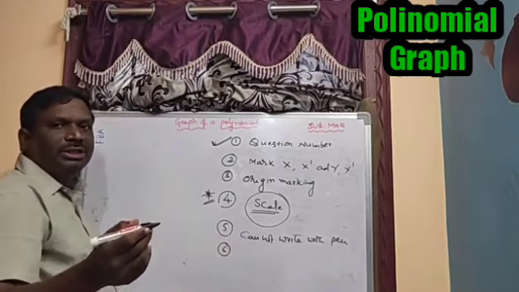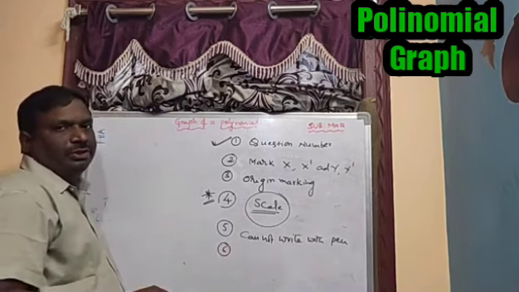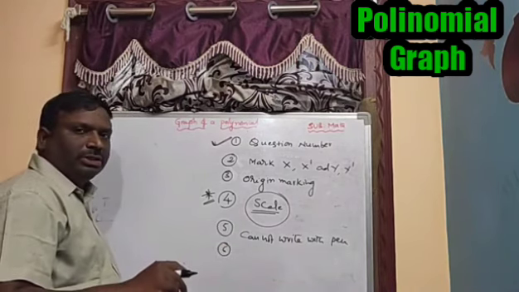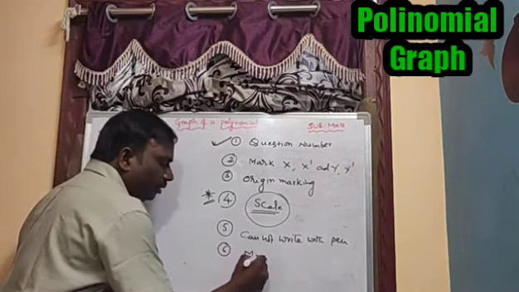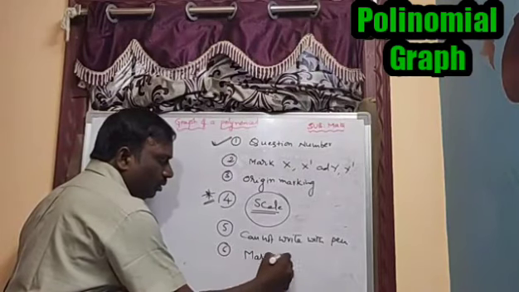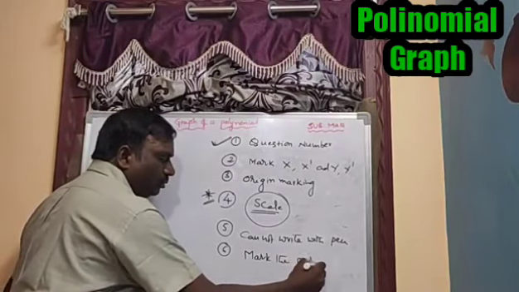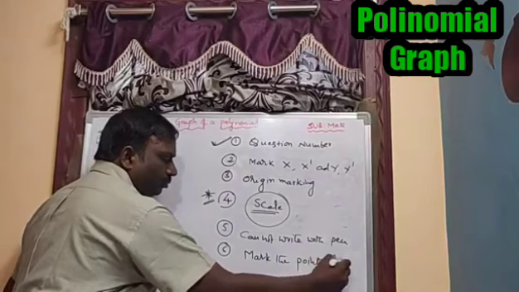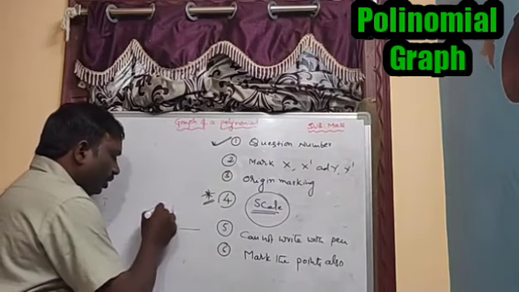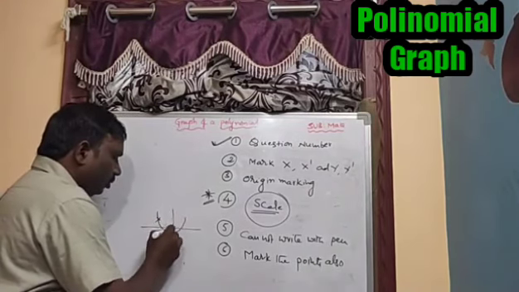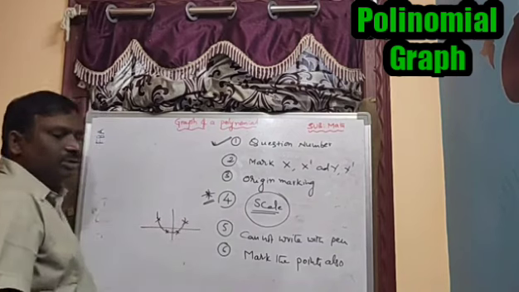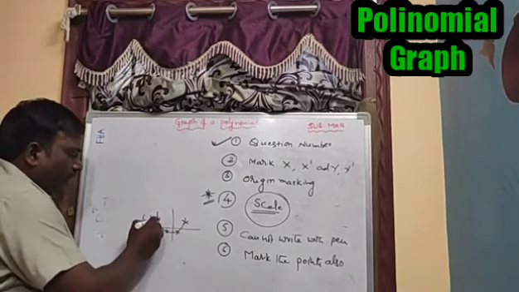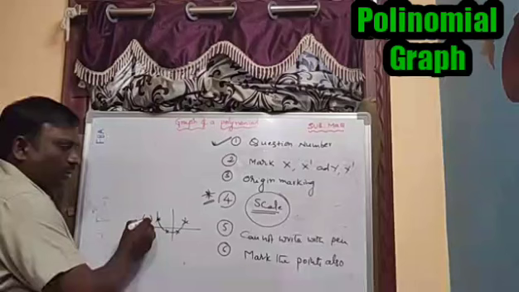after plotting the points, we are not marking the points. Mark the points also. Just when you are drawing the graph, just you can write like this. That is not correct. You have to write what is the name of that point also.